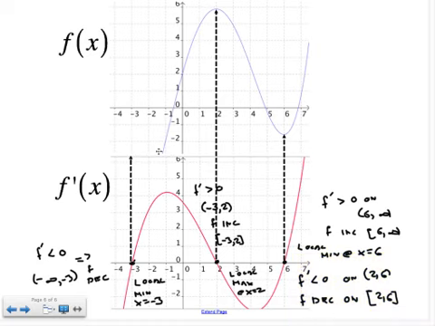Between -3 and 2, we should see that f increases, and it looks like it does. I don't see that happen less than -1 point something. And if we could see the whole graph, I would expect to see f decreasing from negative infinity to -3. So the first derivative is a really powerful tool as far as analyzing the behavior of your function f without really having to see its graph.